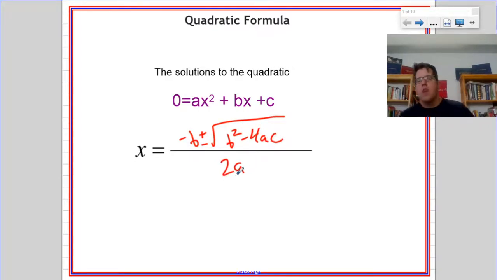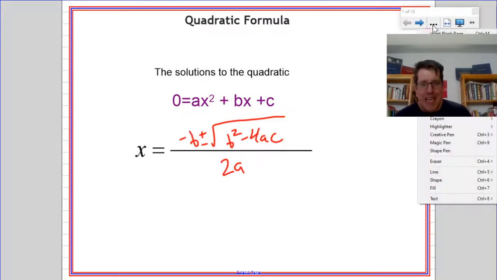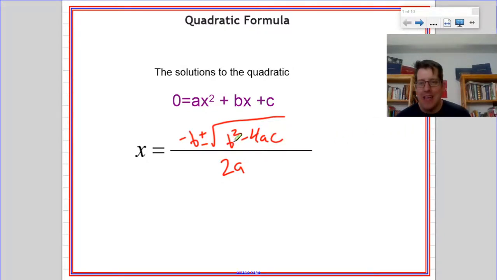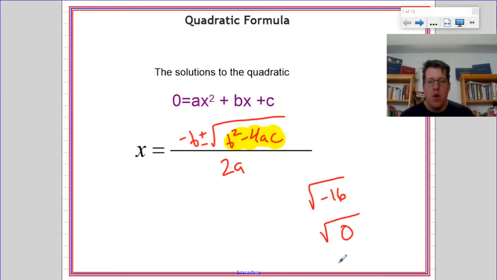Now, there is something interesting about this particular formula, and it lies right here. If you know what number goes under the square root, you know what comes out of the square root. Of course you do. But not only that, you know what happens if you do this, or if you do this, or if you do this.